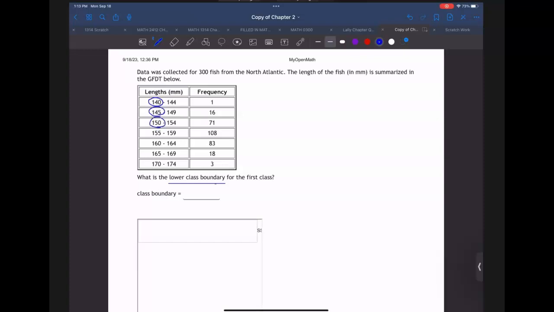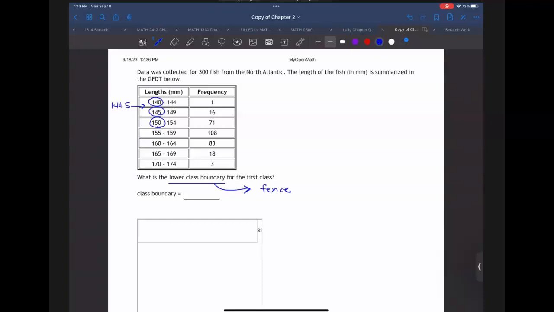A boundary, think of a boundary as a fence or something that surrounds it. So the class boundary is going to be what's between the end of one class and the beginning of the next. So the class boundary between the first and second class would be 144.5. You can just take the average of 144 and 145.